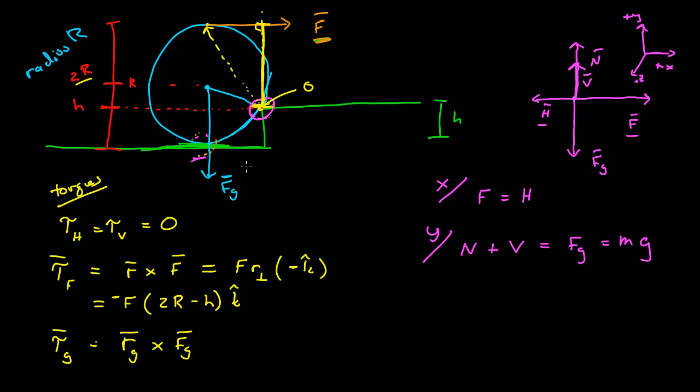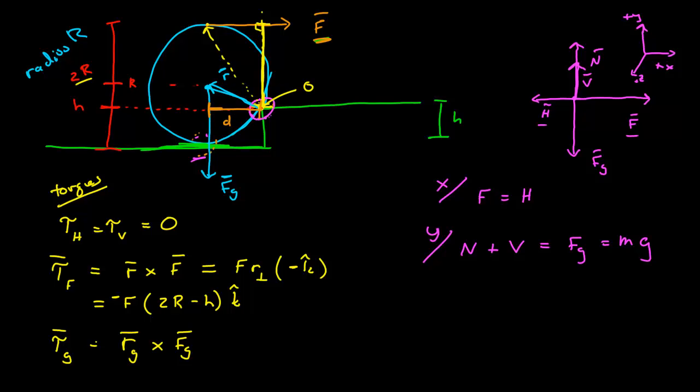So it acts there, and the radius vector that points to that has a magnitude equal to the radius of the cylinder, but then it points off. And so what I want, again, if I'm going to look at the lever arm, is the component of that radius vector perpendicular to the force due to gravity. And that's equal to this length right here, which I'll call d.